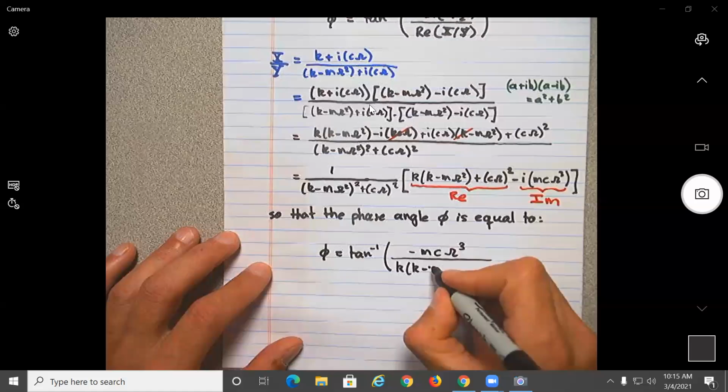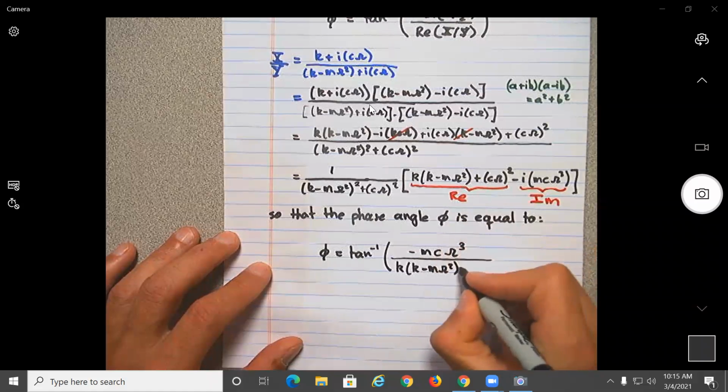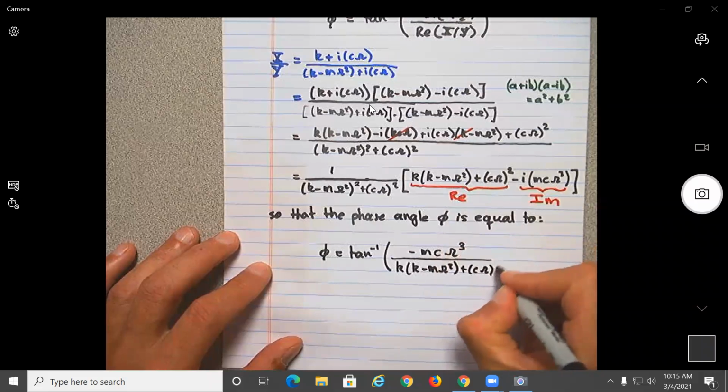So just writing this, k minus m capital omega square plus c omega square.